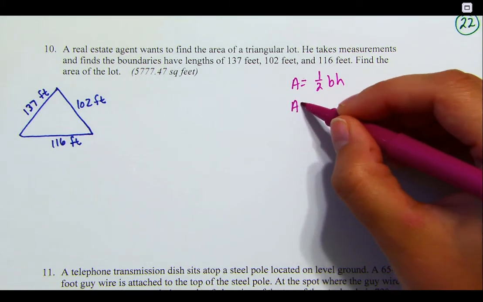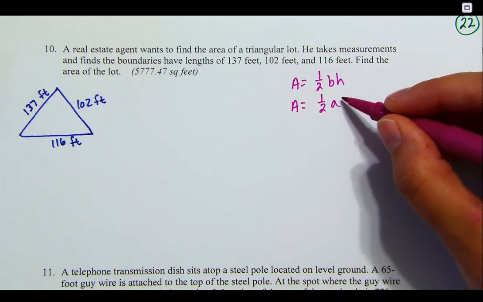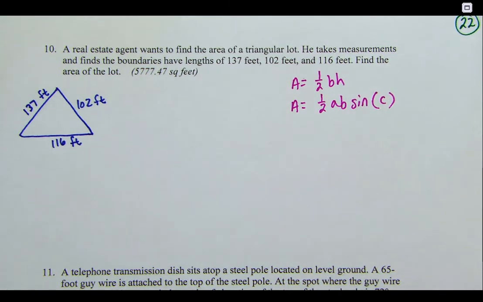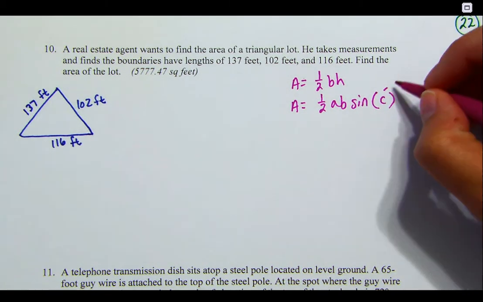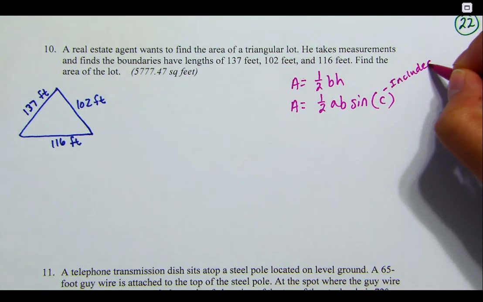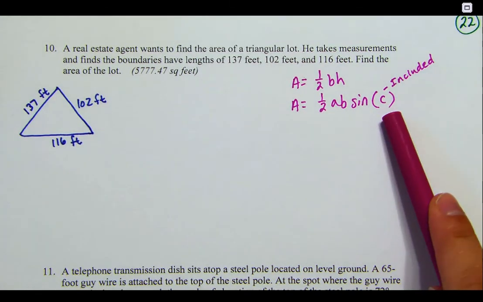So when we have that, we can use the formula half times side A times side B, and then the sine of angle C. And remember, this was the angle that was included between A and B. Okay, so we basically need to be given side, angle, side. So right now, we don't have enough information to find the area because we need an angle.